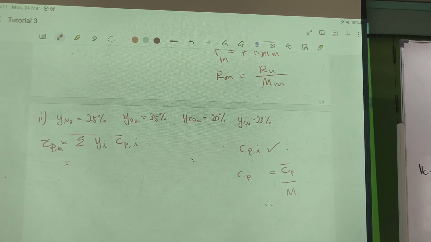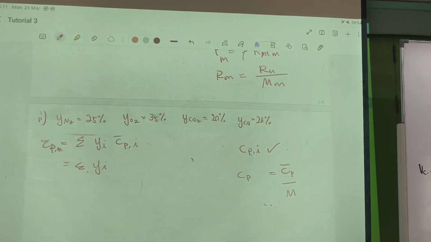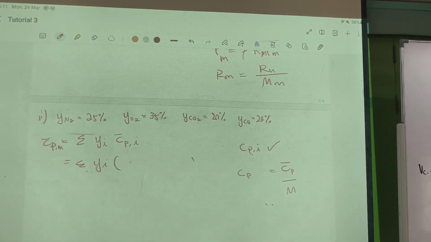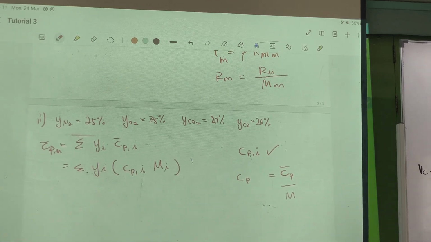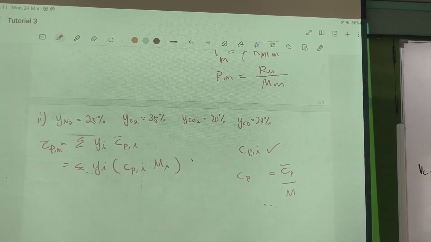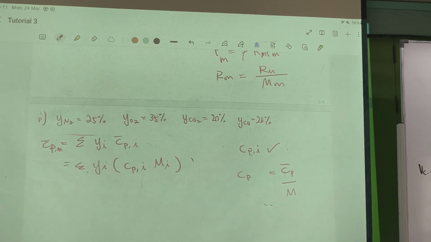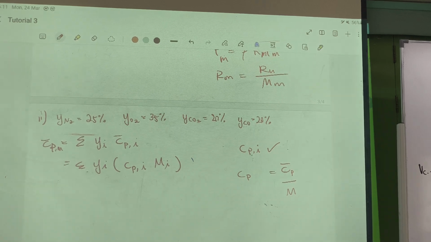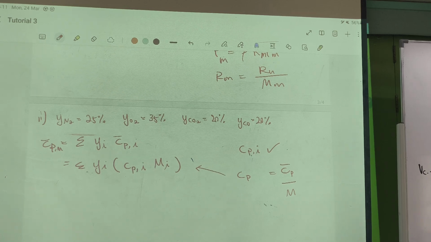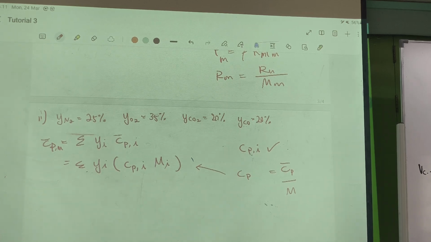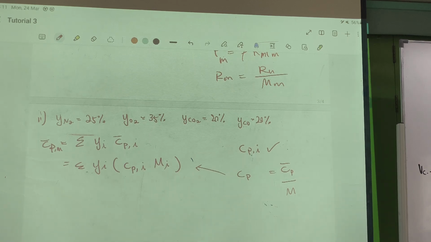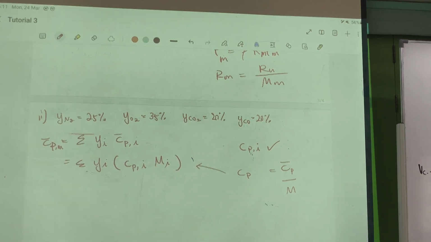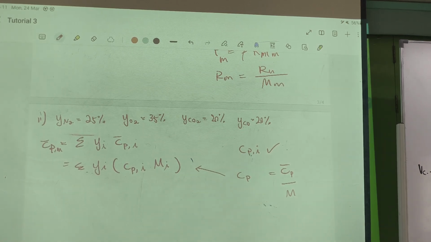Okay, so what you can do is this. You sub this in, so Cp multiplied by their individual molar mass. Okay, so you sub this in. And then we do one thing that, how should I say this?